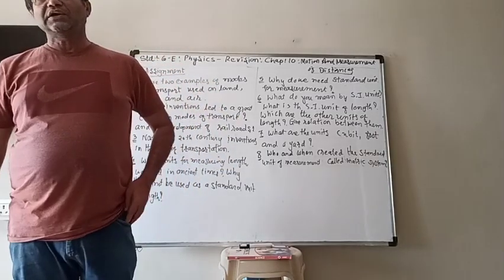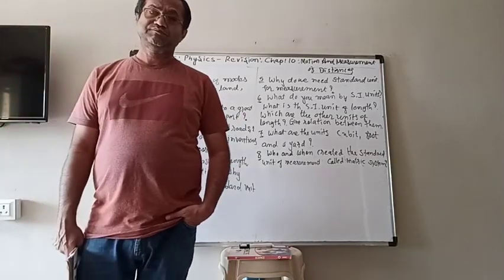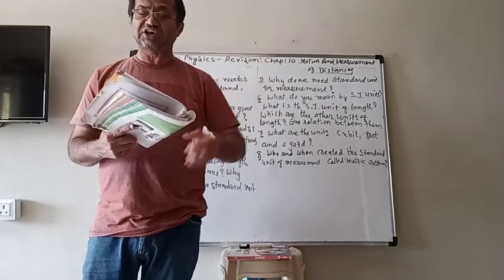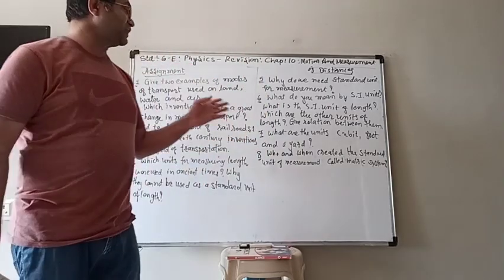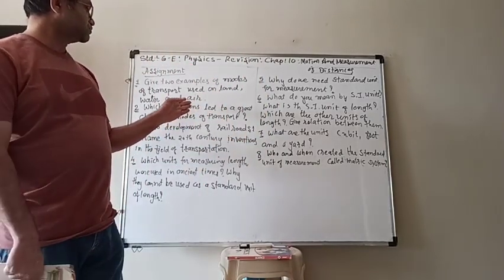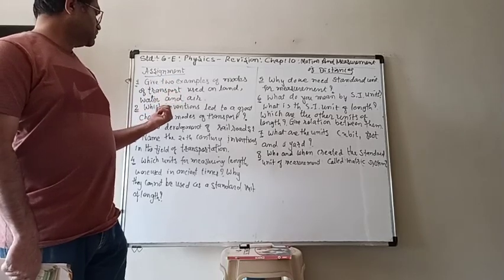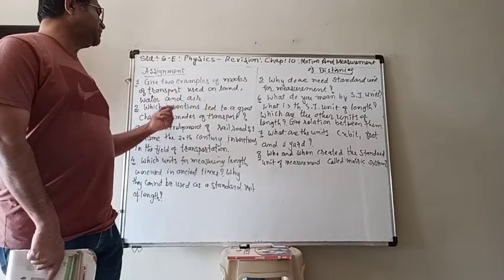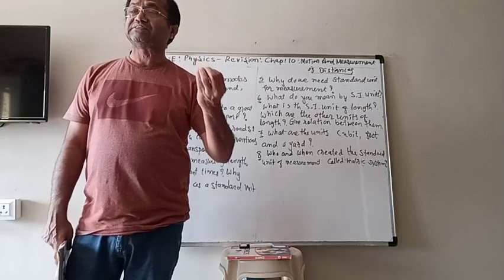Then the invention of the wheel made a very great change in the modes of transport. So which invention led to a great change in modes of transport? That is the wheel.